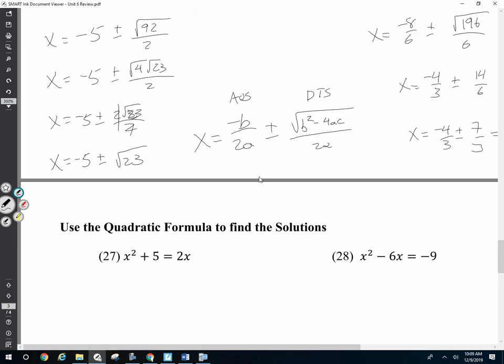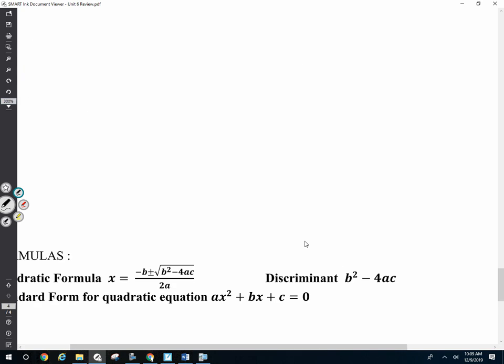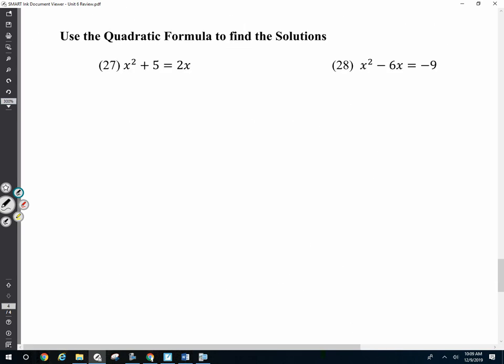Okay. 2 more. Quadratic formula. Subtract the 2x. A is 1, B is negative 2, C is 5. X equals, B is negative. The opposite of B would be positive.